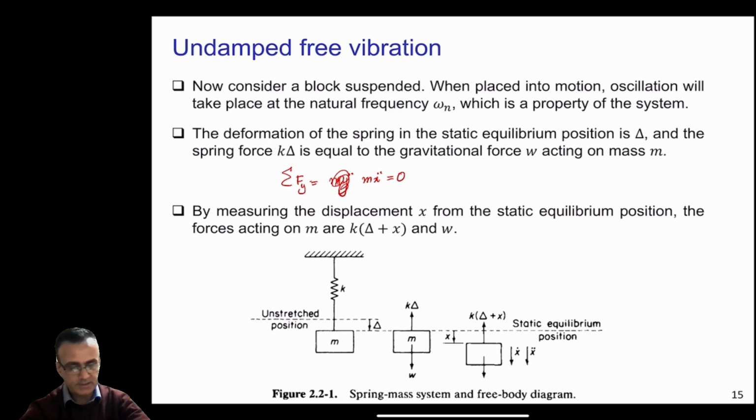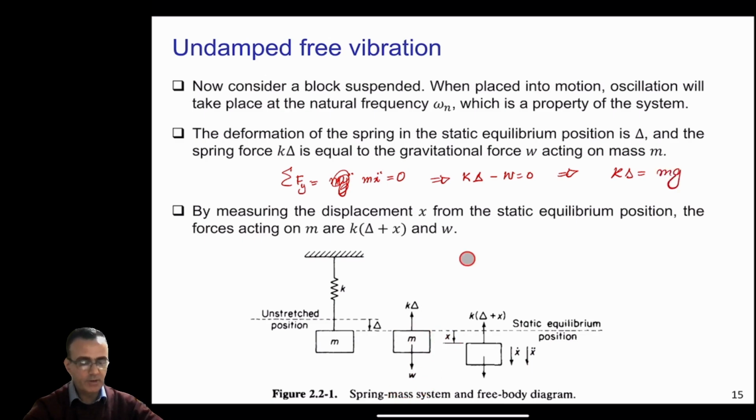This means that the summation of all the forces in the y direction is 0, so k delta minus w equals 0, or k delta is equal to mg. So at this static equilibrium position, k delta is equal to mg. If you want to calculate the static deflection, which is the deflection at the static equilibrium position, you can calculate it from this equation here.